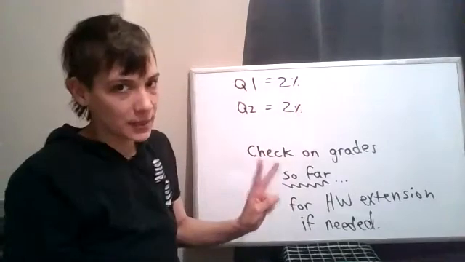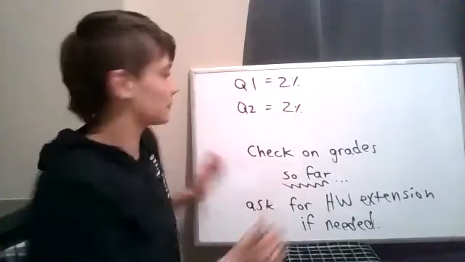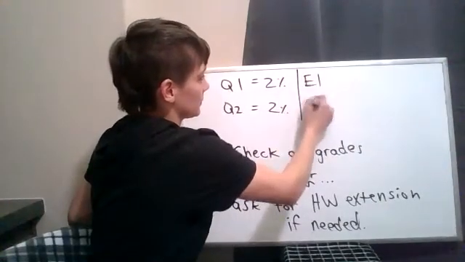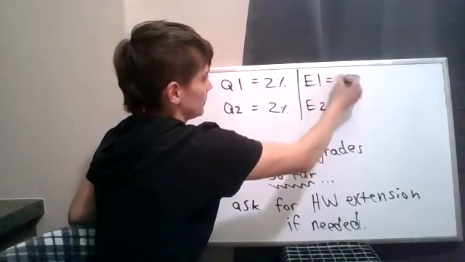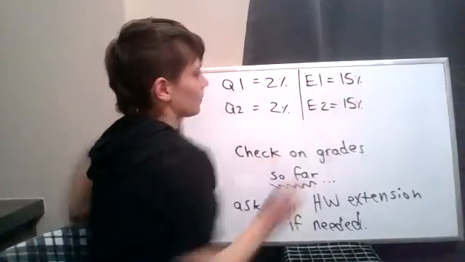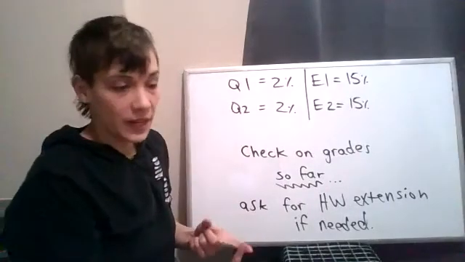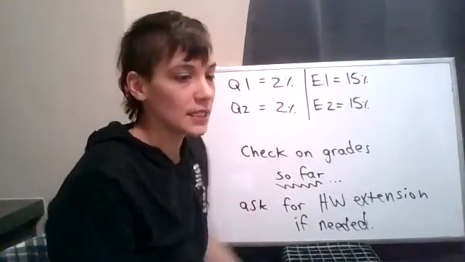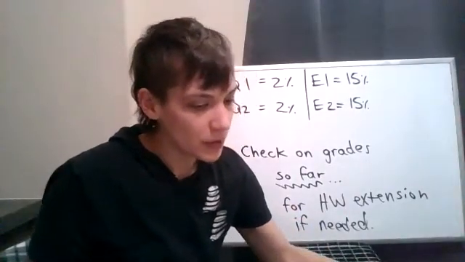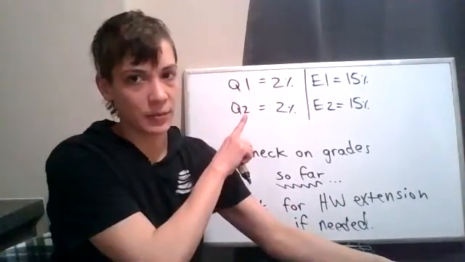Okay, we did 2 exams. Each of them is 15%. We're going to keep the final at 25%, but it will be mostly focused on the work we've done since exam 2.